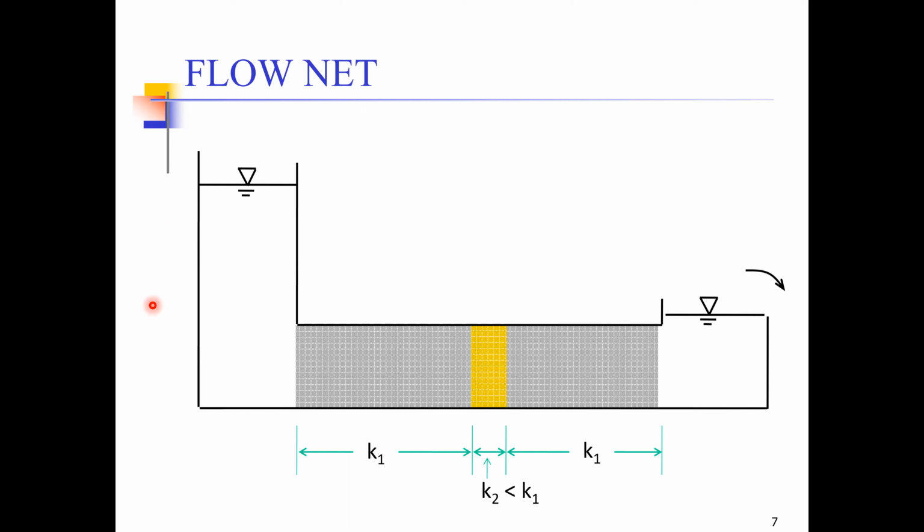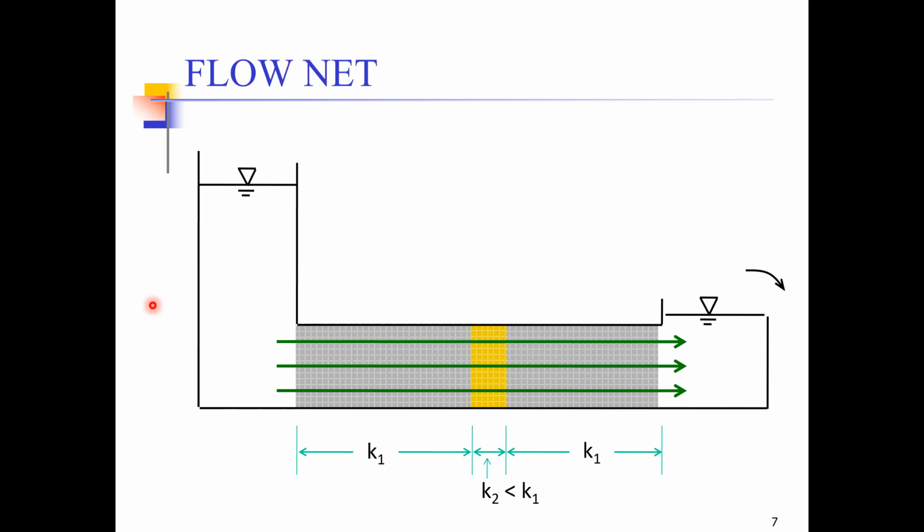So how can we draw the flow paths of water? Yes, you might have guessed that the flow paths can be represented by straight lines like this. So water, while flowing through this soil, would follow the straight lines as shown here. So these lines would represent the flow paths.